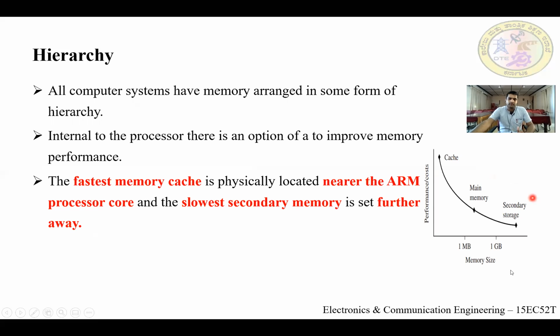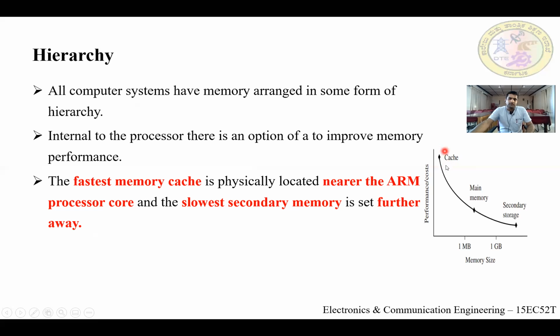On the x-axis, it is given as memory size. On the y-axis, the performance or cost of these memories is given. In this, we can see cache is the higher performance memory, that is the fastest memory is cache. But this cache is located in between the processor and main memory.